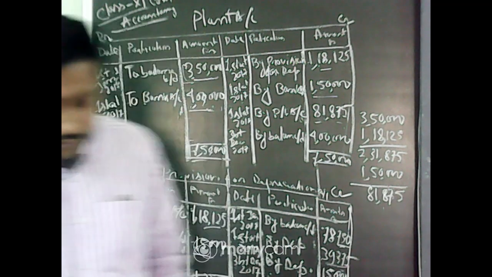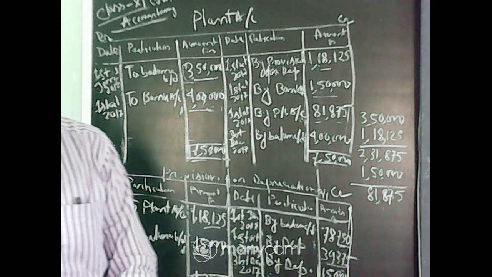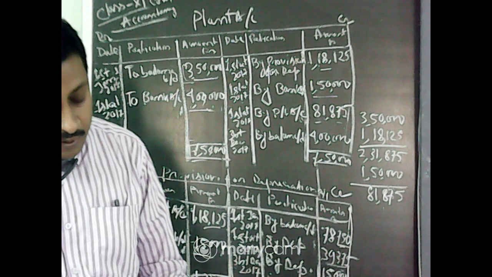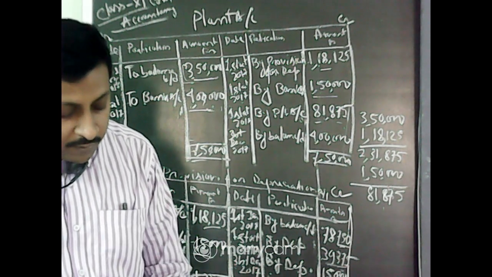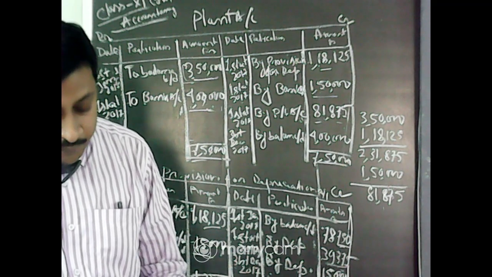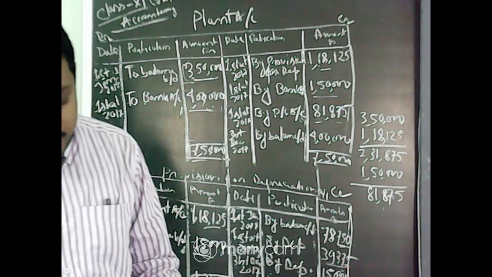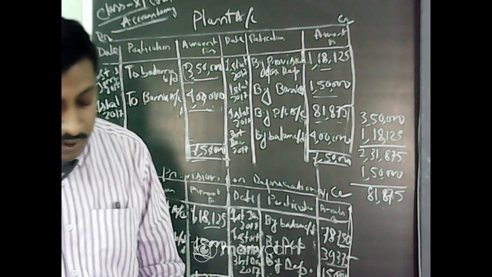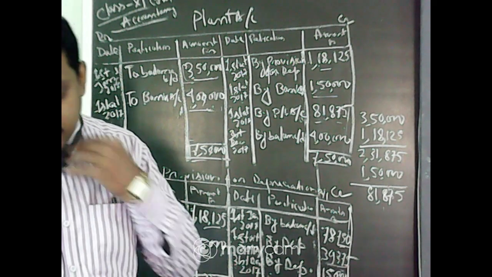Okay, so for today that is the end of the class, and in the next class, whatever the date, we will start the asset disposal account. Another account we have to learn, and how we can maintain the asset disposal account we will learn in that class.